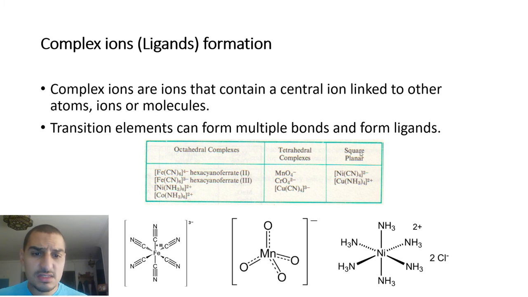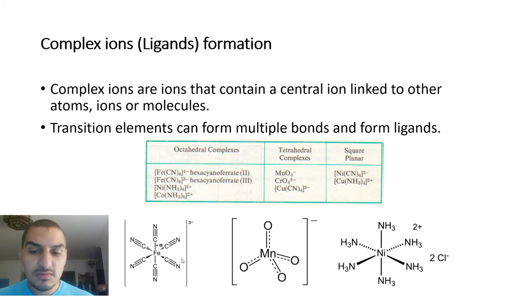Just to understand one last thing about the complexes, we see here some of them are octahedral, some of them are tetrahedral, some of them are square planar. This is how the ligand molecules are arranged in 3D space. Usually these groups that are attached to the transition element are charged, and these charges are all the same, and that's why they repel each other, and they try to go into places that are as far as possible from each other.